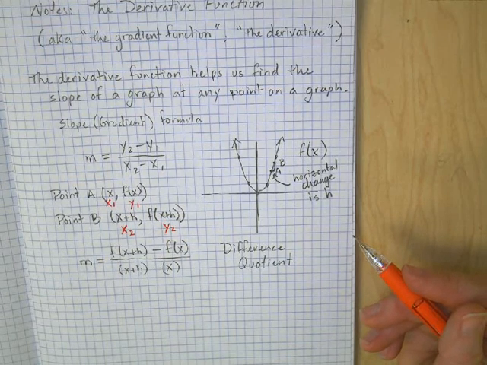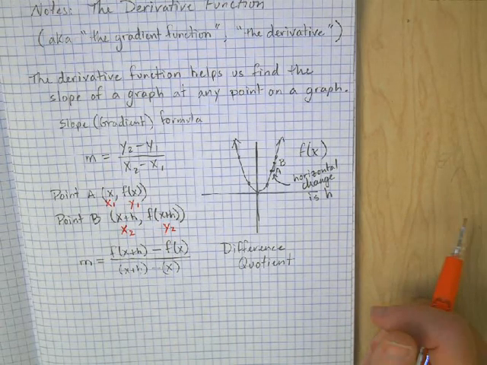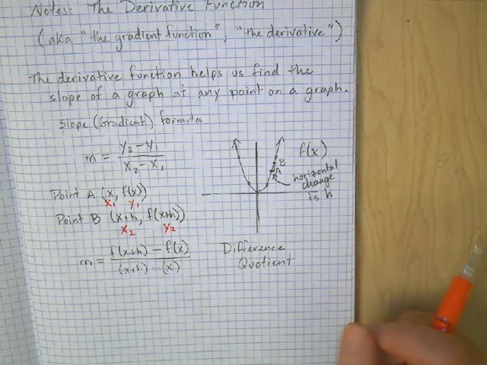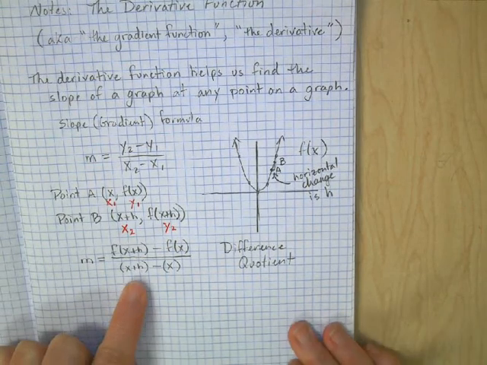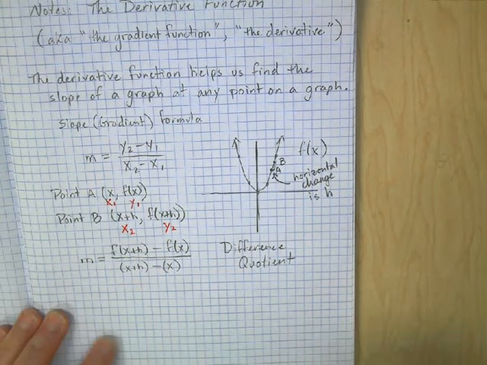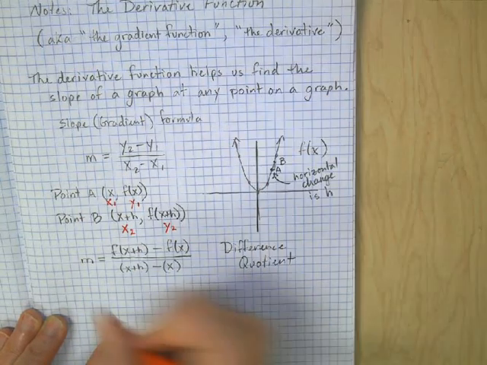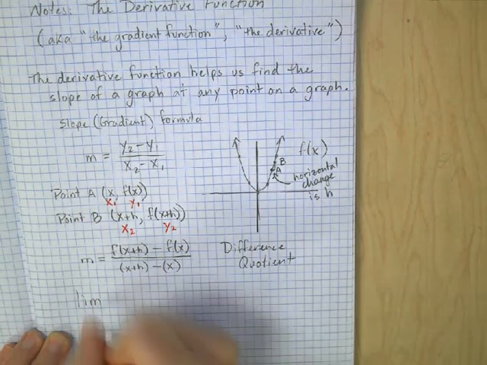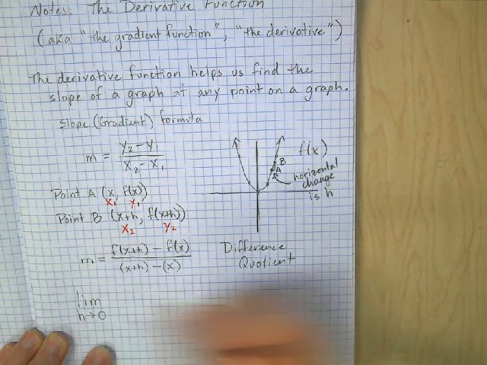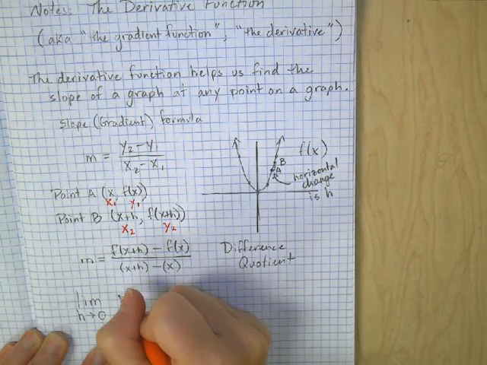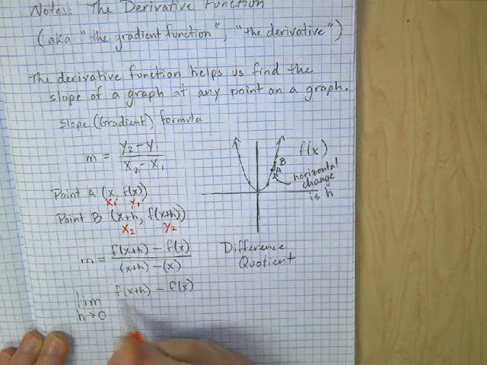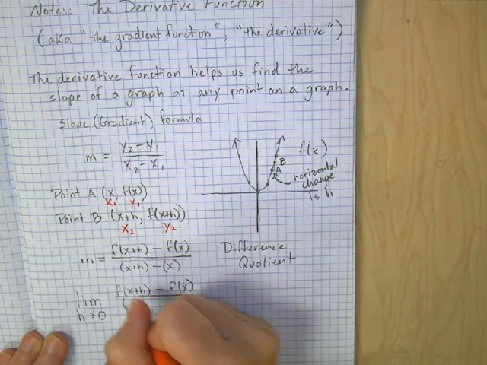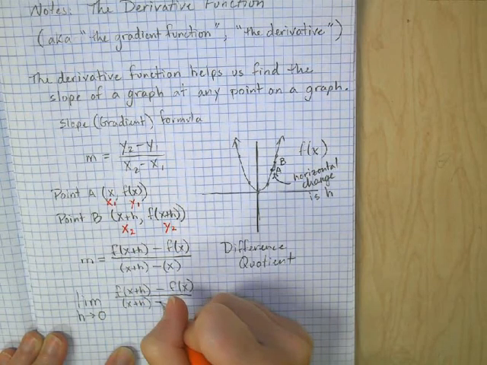We call this the first principles formula of a derivative because it was the very first idea that Newton and Leibniz came up with. They came up with this idea of using the slope formula and figuring out what happens to it as h gets very, very close to 0. So the derivative function we can get by taking the limit as h approaches 0 of all this mess: f of x plus h minus f of x, all divided by x plus h minus x.